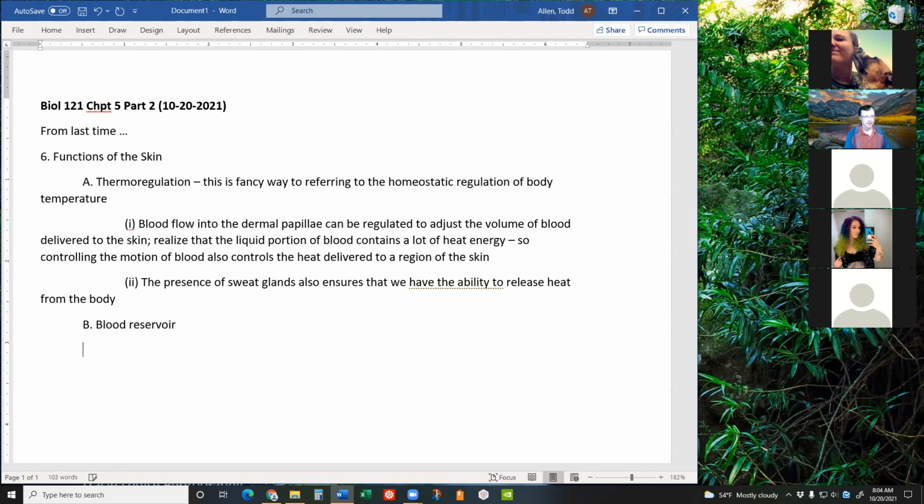That's a fancy way of saying because of the surface area of the skin and the mass of the skin, we can use the skin structure to actually warehouse a lot of our blood volume. In fact, your book tells you that the dermis, the second layer of your skin, houses an extensive layer of blood vessels. And at times of rest, typically the dermis will hold anywhere from 8 to 10% of your total blood volume.